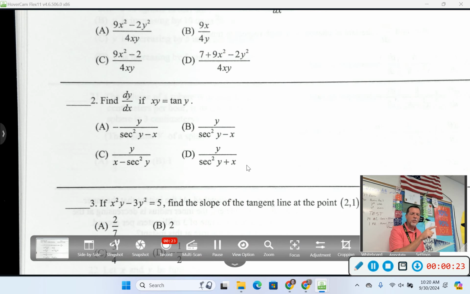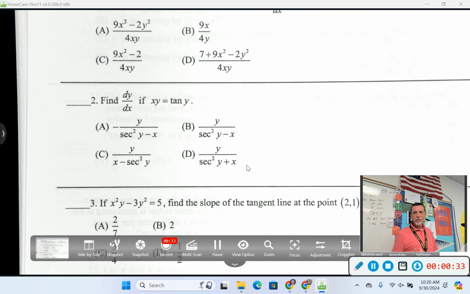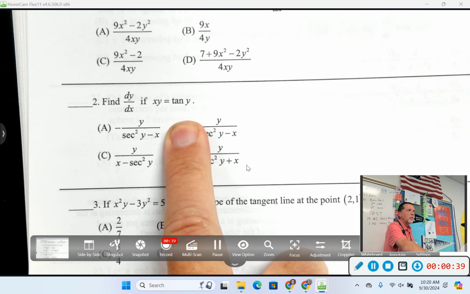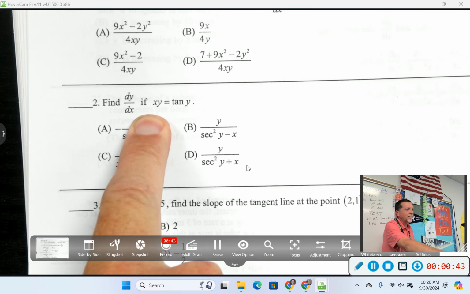Back to Julius's question. The question was, are there going to be review questions on the test? An example of a review question would be, what's the derivative of tangent? Well, that's sort of built in. A review question would be, do you know how to do the product rule? Well, there it is as well.